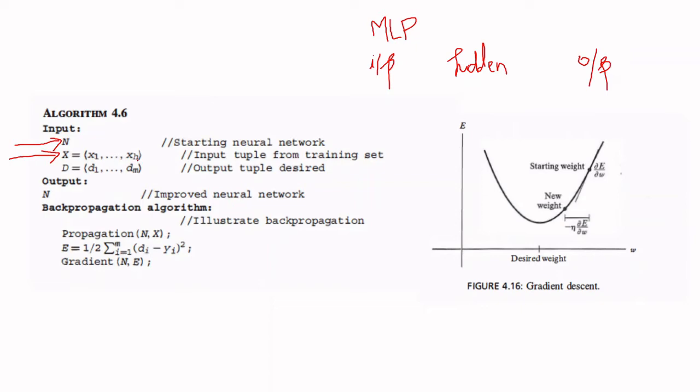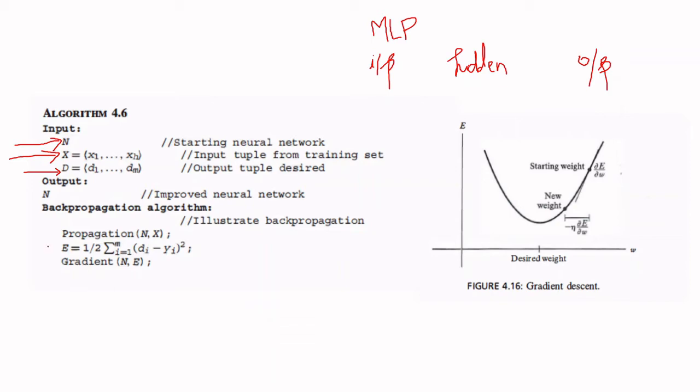So the algorithm only considers one tuple, but we have to go through all the tuples in the labeled data set, and we might have to go through the full data set multiple times, so multiple epochs, in order for the network to converge or the error to be reduced. For each of the inputs we are giving, the expected output is also given to the algorithm.